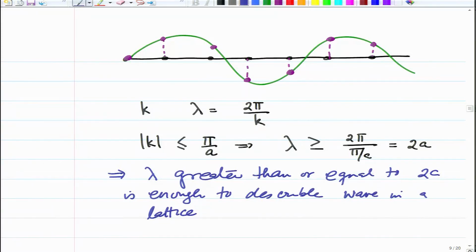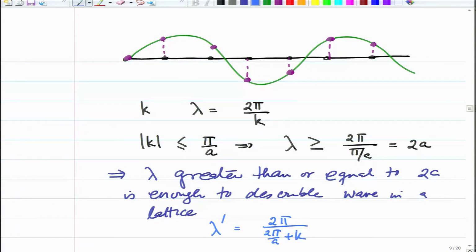What happens if I take a shorter lambda? So, suppose I take a shorter lambda, lambda prime, which corresponds to some k prime, which is 2 pi over a plus k.